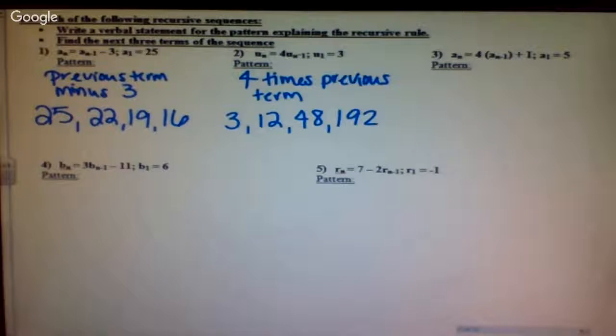Okay. Number 3. What is that telling me to do? It's letting you multiply 4 by the previous term. 4 times the previous term plus 1.